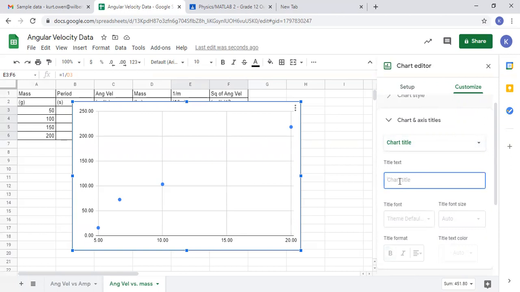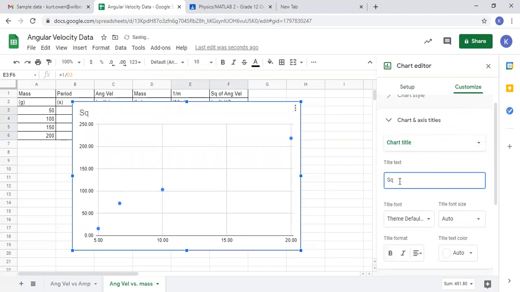It is square of angular velocity versus 1 over the mass, the reciprocal of the mass. Okay, so that's my relationship.